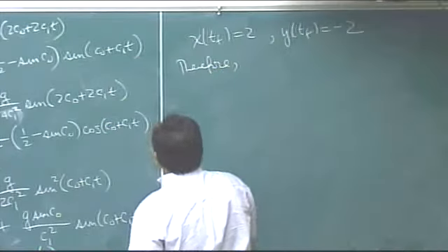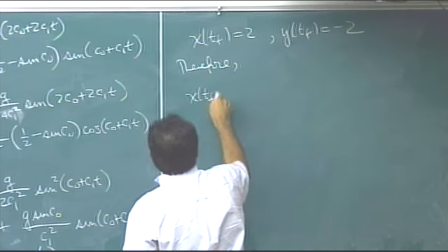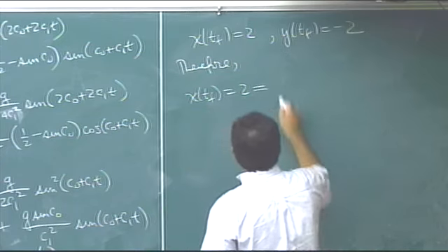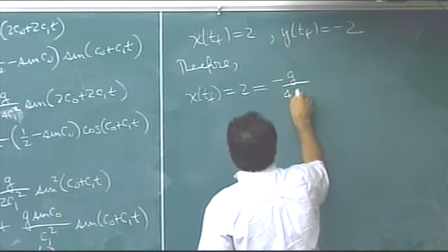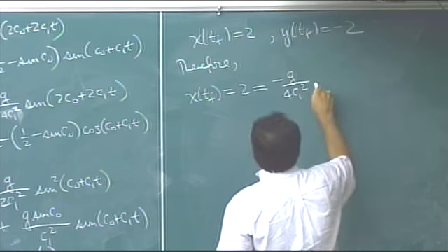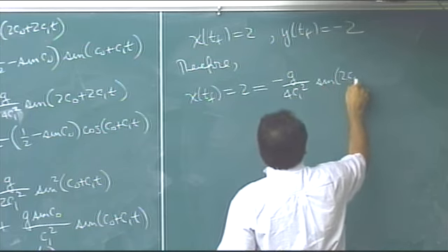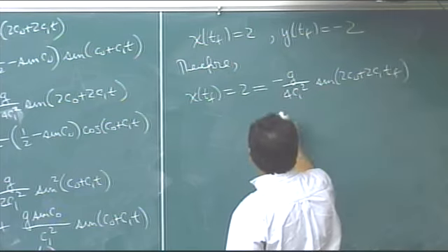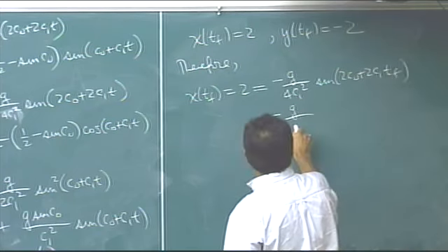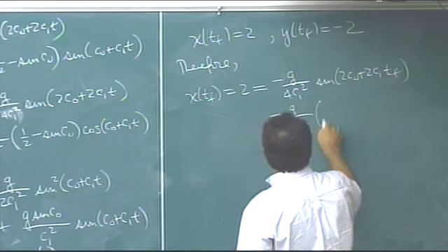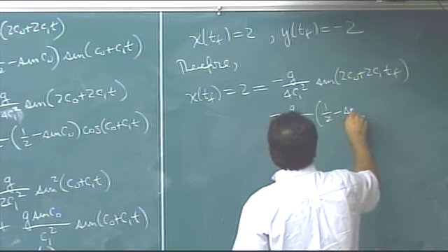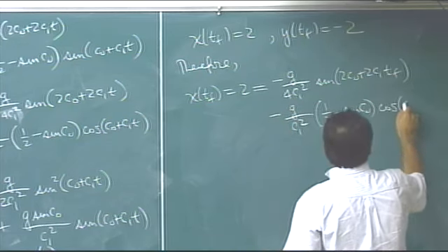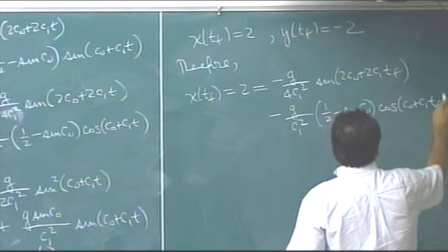So therefore, I get the following expression. I've got x at TF, which is equal to 2, which is equal to minus g over 4c1 squared times the sine of 2c0 plus 2c1 TF. And then I've got minus g over c1 squared times 1/2 minus sine of c0 times the cosine of c0 plus c1 TF.